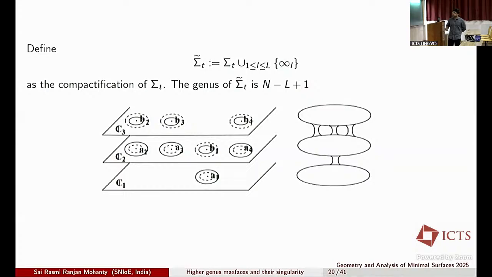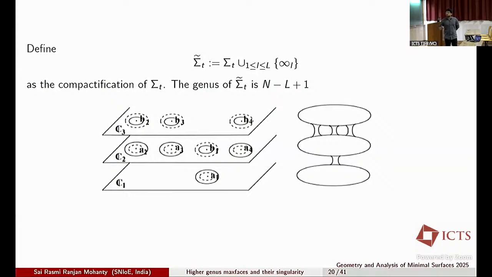And we can add each infinity, like infinity 1, infinity 2, infinity 3, on each complex plane. This will give a compactification of our Riemann surface of genus number of necks minus number of planes plus 1.